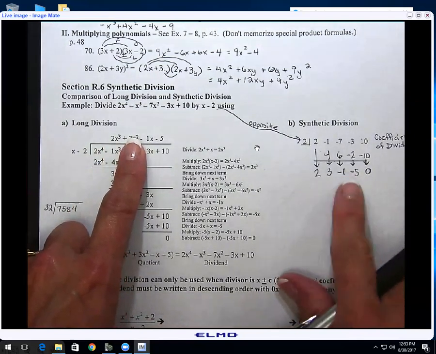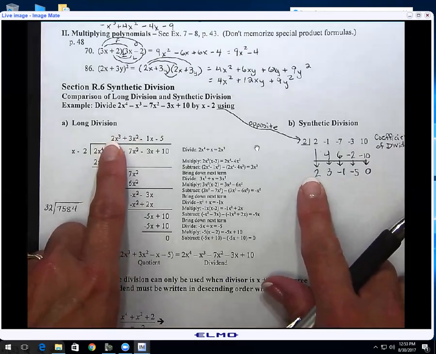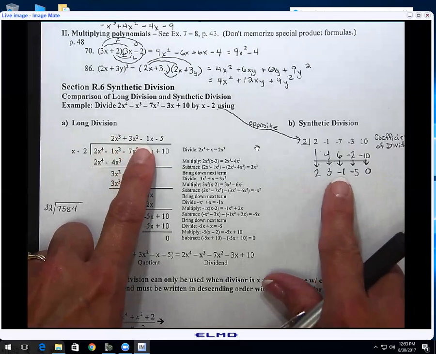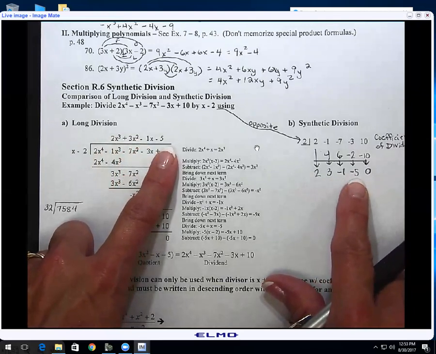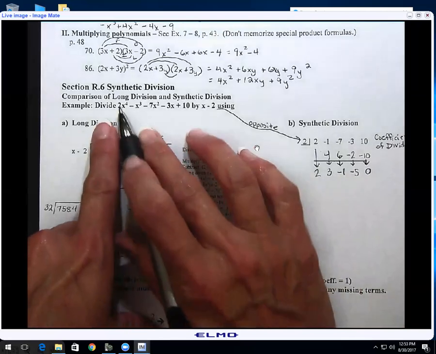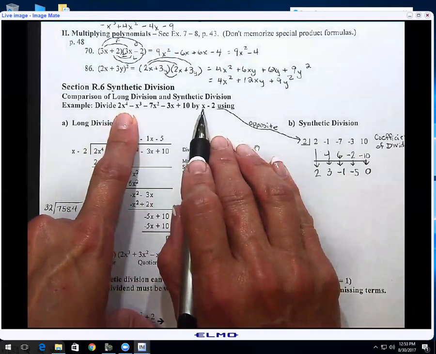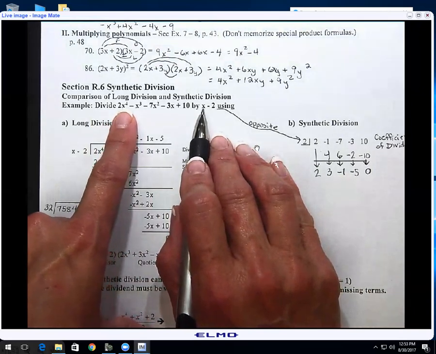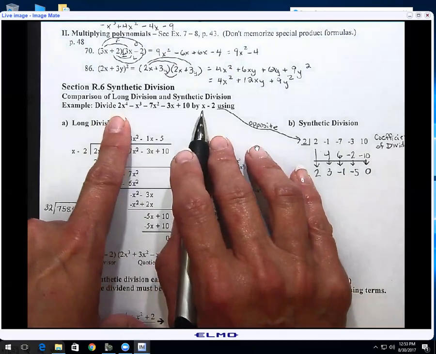What we have is the coefficients of the answer. Here's the 2, here's the 3, here's the -1, here's the -5. We just have to put the x's back on there. If I'm dividing an x to the 4th by an x to the 1st, what power is my answer going to start out with? Yeah, x to the 4th divided by x to the 1st is x cubed.